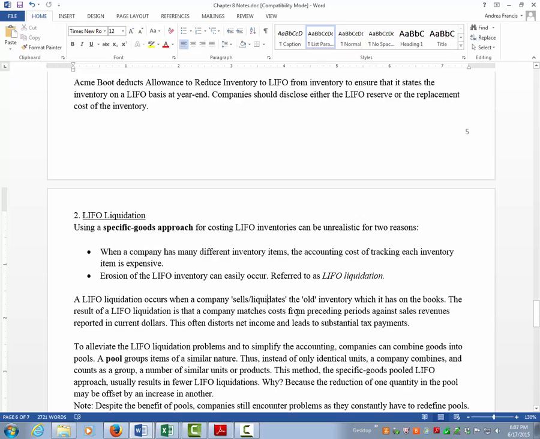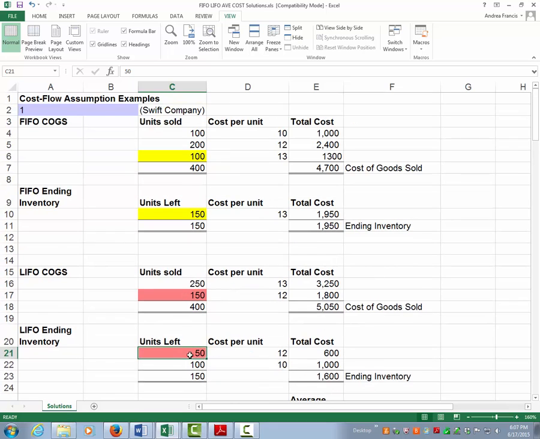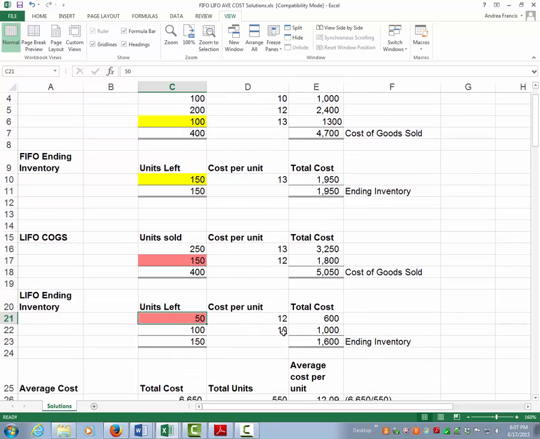And the problem arises that if a company does LIFO based on specific units, then a liquidation could happen very often. If you just think back to the example that we had for Swift Company, if you look at the LIFO ending inventory for this company, now granted it's just two amounts, but there are two layers of old inventory here.